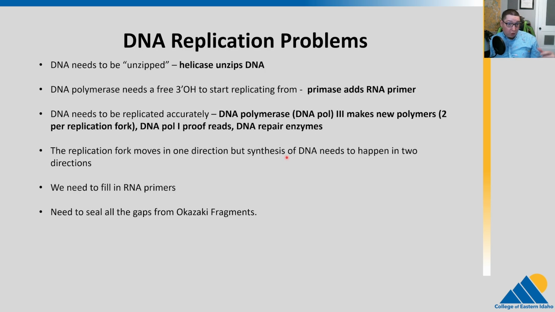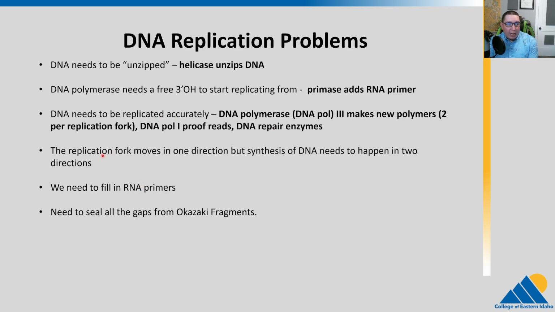All right, so we've copied the DNA quickly, 1,000 bases a second. That's pretty fast. DNA polymerase 3, pretty good at copying accurately, but we also have DNA polymerase 1 that comes in and proofreads, and there are DNA repair enzymes that are going to fix damage that's in there. I will talk more about these later in the mutation section.